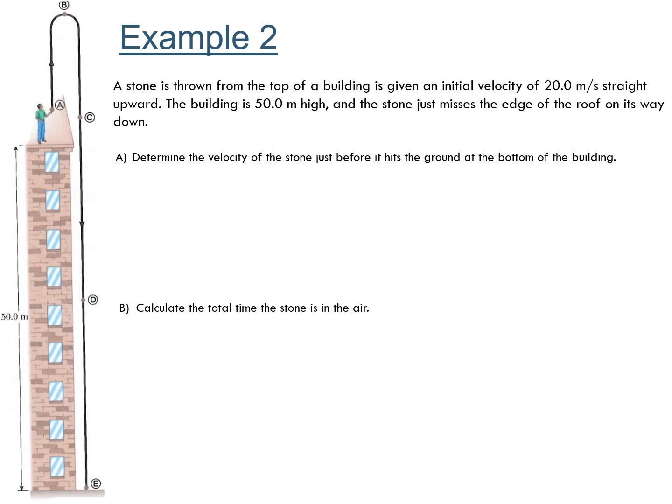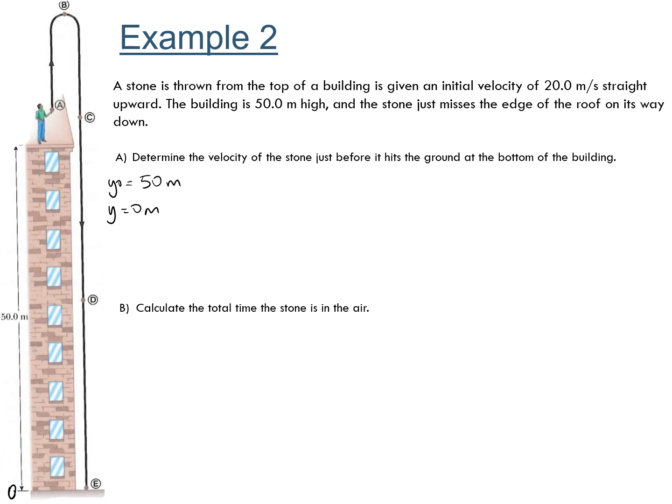Alright, the best way to start is to have a list of givens and unknowns. If we consider the bottom of the building as origin, we can see that our object already has a position y naught, which is 50 meters high. At the end of the motion, our position is going to be 0 meters.